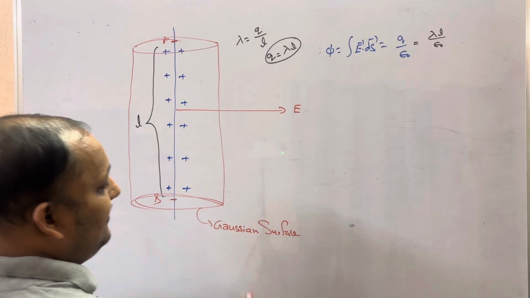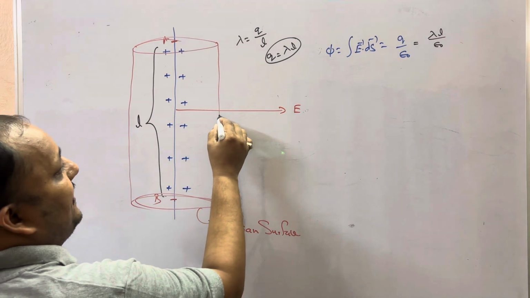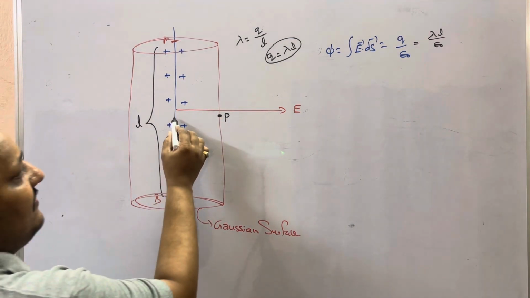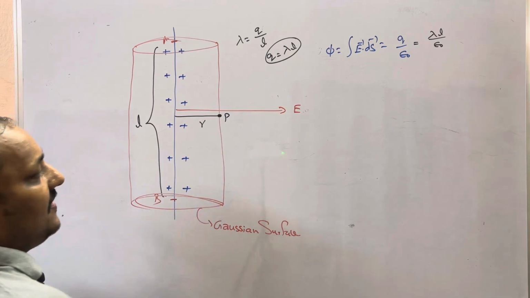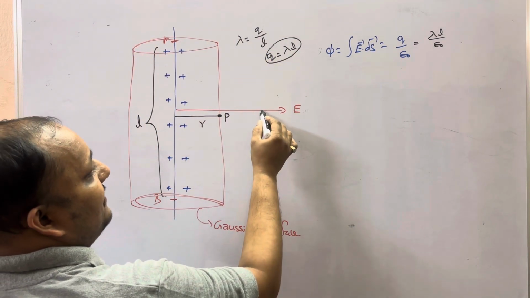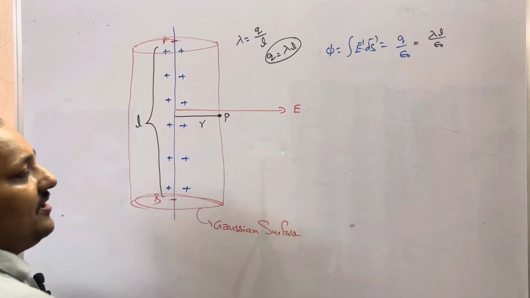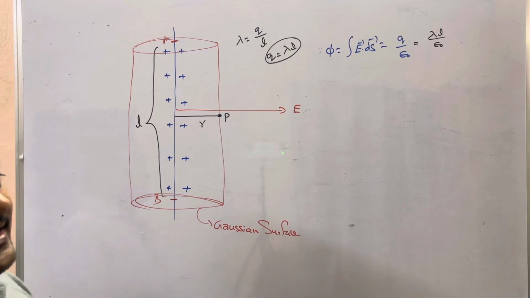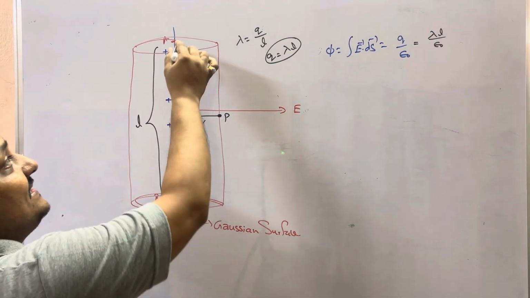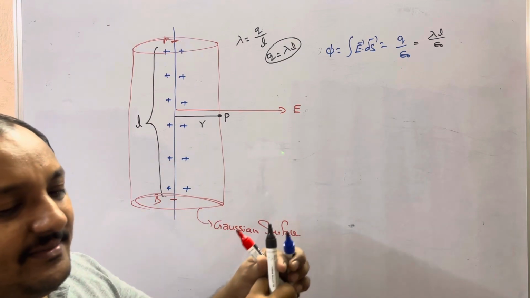This cylindrical shape we call the Gaussian surface. Now if you want to find the electric field intensity at this point P at distance small r, you calculate it where this cylindrical surface is closing. Now, how many surfaces do we have for a cylinder?